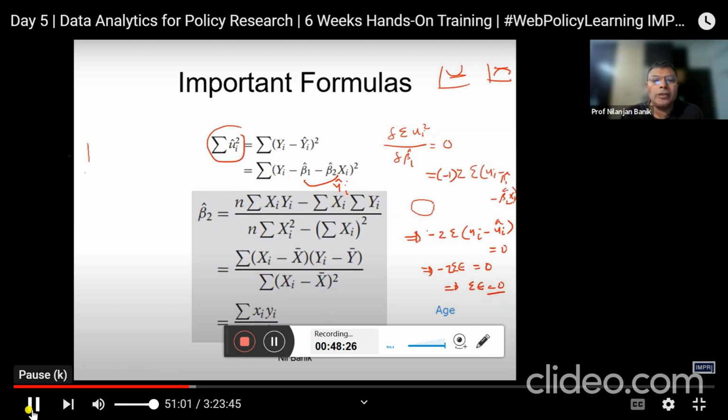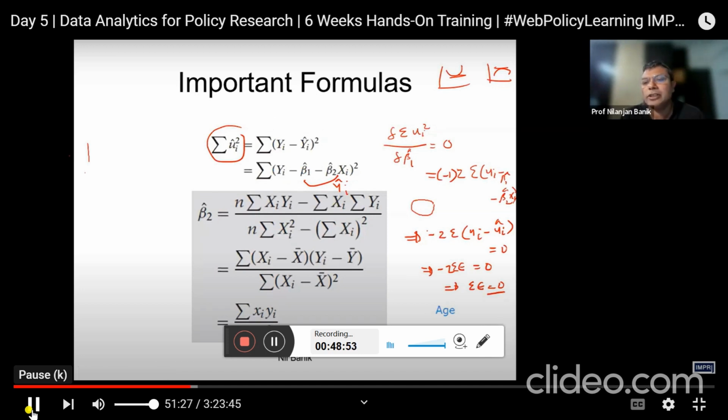Now, the other thing you should know is, what is this? This is the deviation from the mean. X is my explanatory variable, Y is my explained variable. So this is basically the covariance. The higher the covariance or the correlation between X and Y, the more is the value of beta, which makes sense, because beta 2 is basically capturing the slope coefficient.